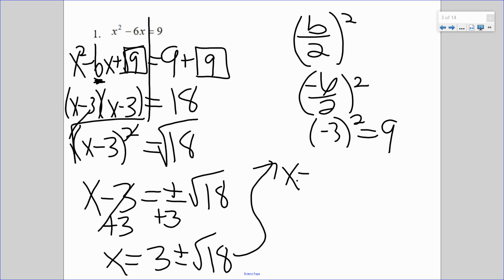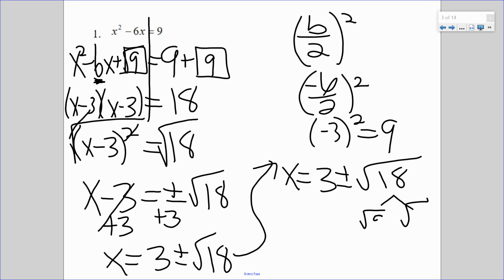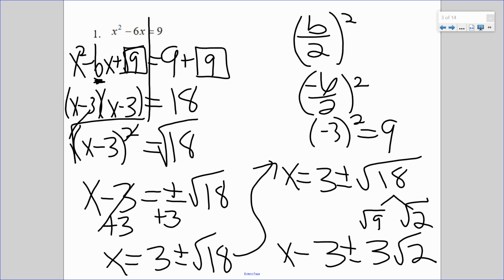Now your final step, if necessary, if possible, you want to try and reduce the radical. Again, this is the first lesson of this unit. It becomes 3 rad 2. So your answers are x equals 3 plus or minus 3 rad 2.